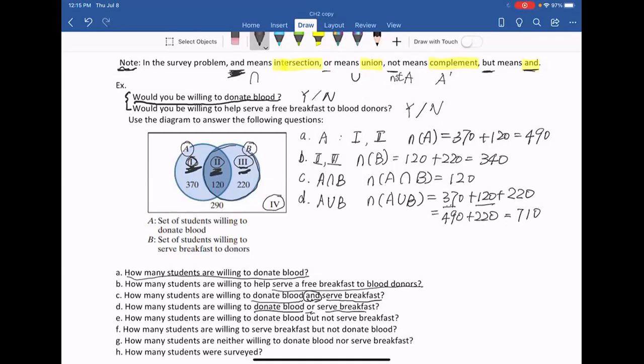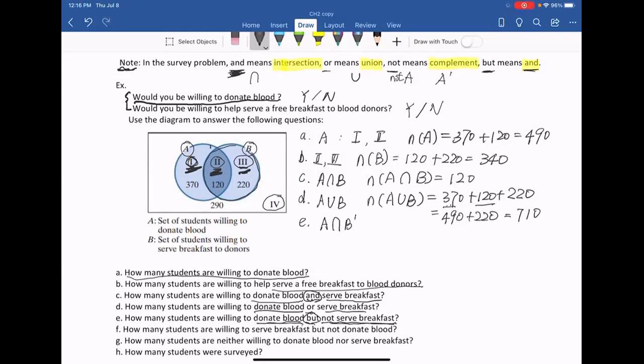Next part is E. How many students are willing to donate blood, but not serve breakfast? What's the meaning of this? Donate blood is A, but means and, not serve breakfast means the complement of set B. Find the number of this.